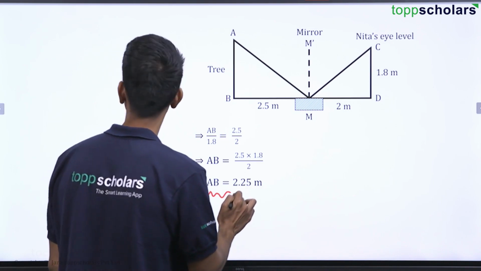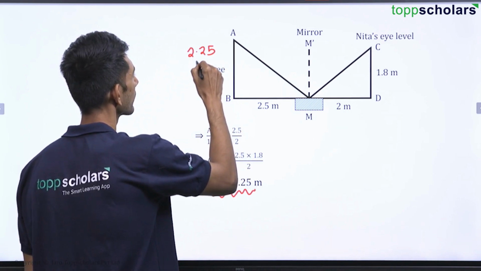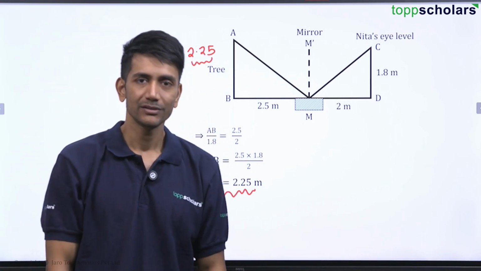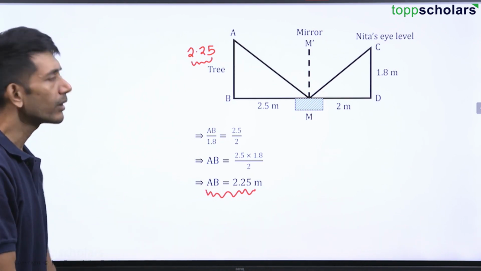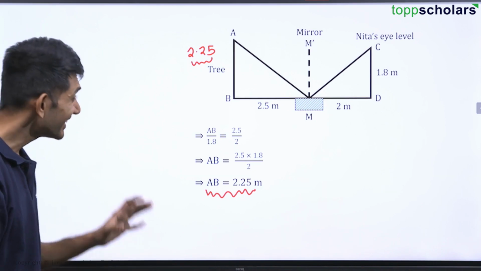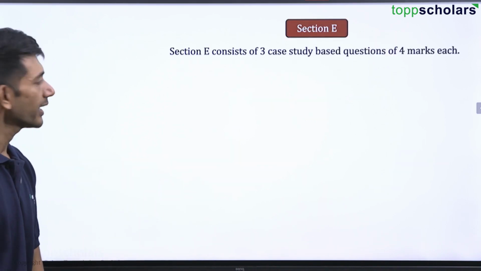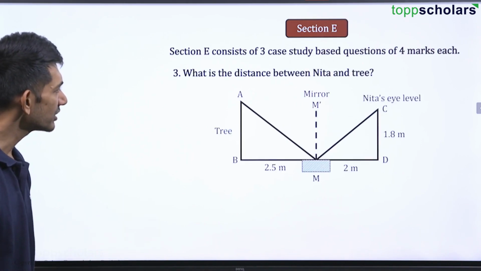So 2.25 meters is the height of the tree. And in this way we have solved one more question based on this particular application, that is the triangles, and this is a case study based question, right? Perfect.